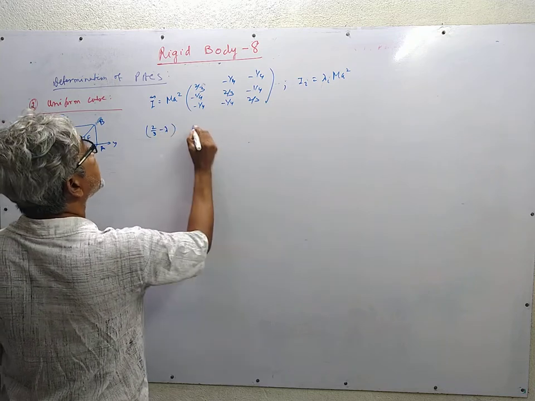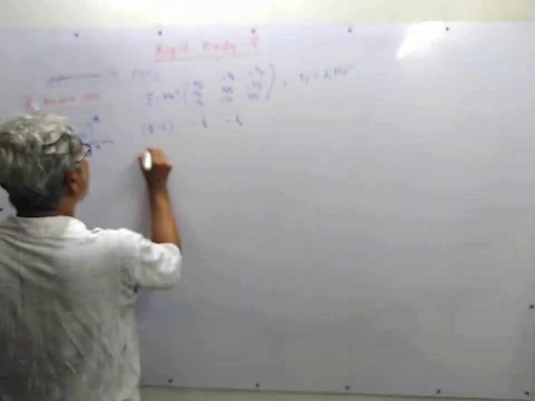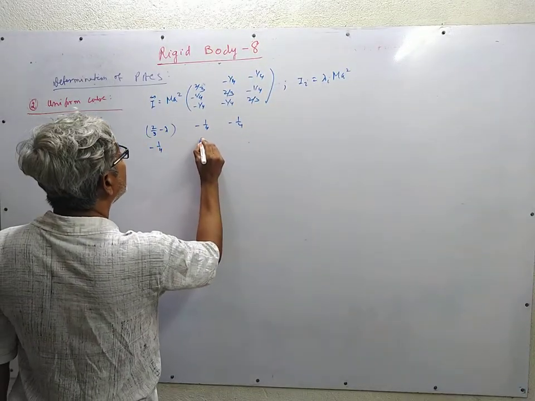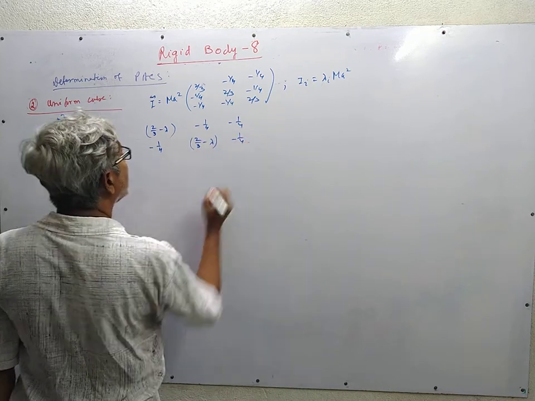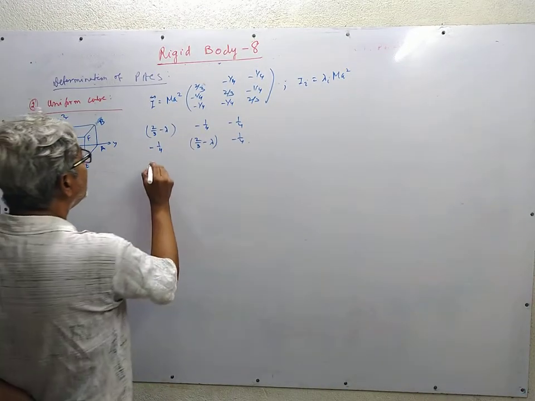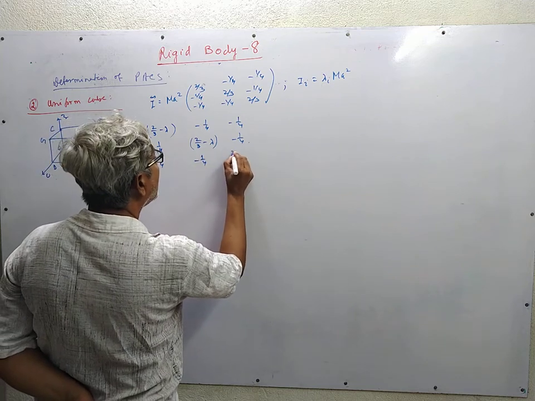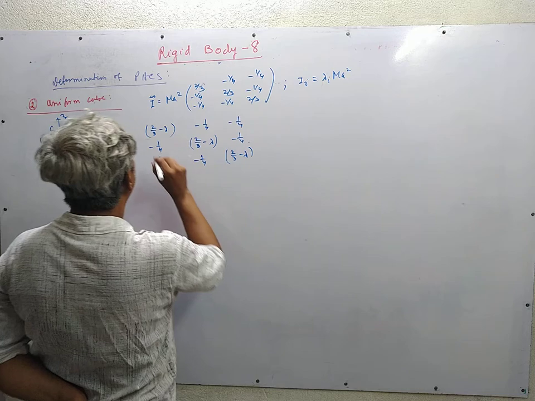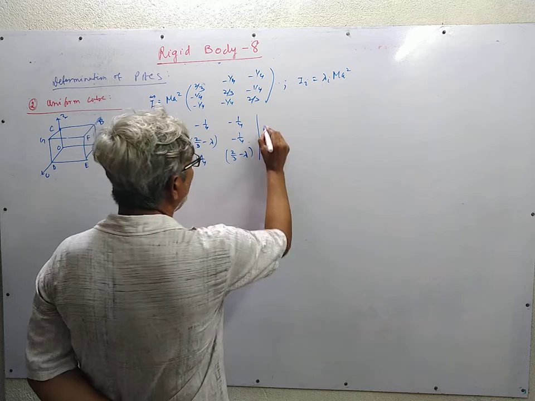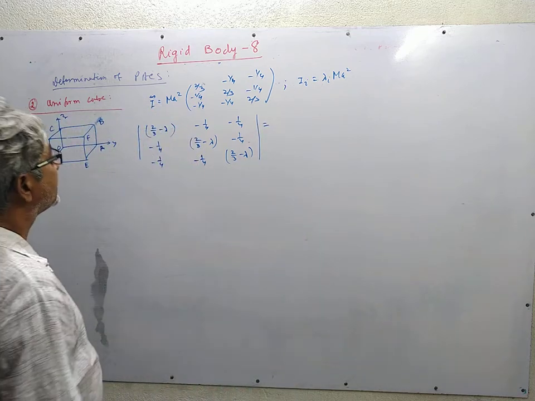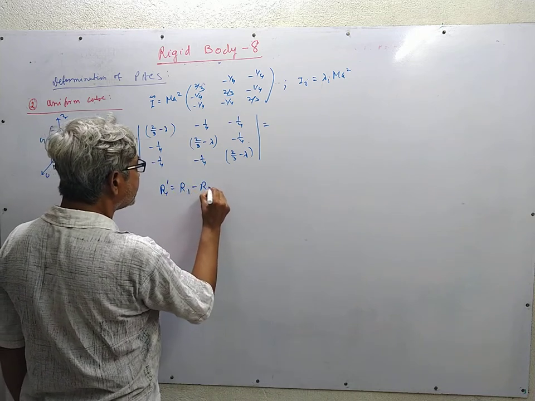2/3 minus lambda, minus 1/4, minus 1/4, minus 1/4, 2/3 minus lambda, minus 1/4, and so on, and this is equal to 0. We first change R1 prime is equal to R1 minus R2.